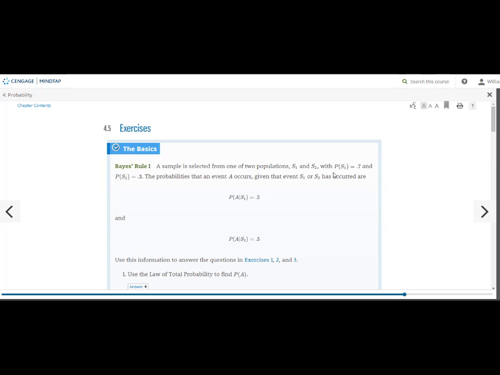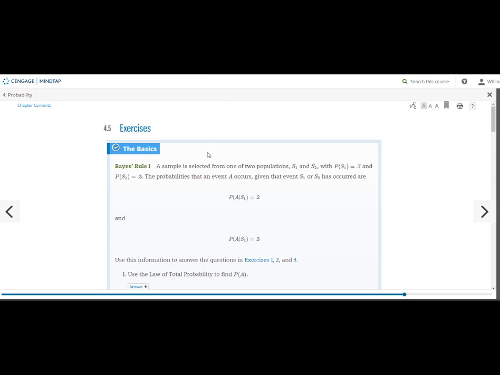Let's say S1 is males, and the probability of S1 is 0.7. That would mean that 70% of APU students are male. And the probability of S2 is 0.3, which would mean that 30% of APU students are female.